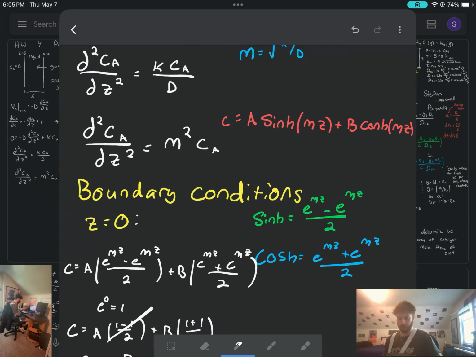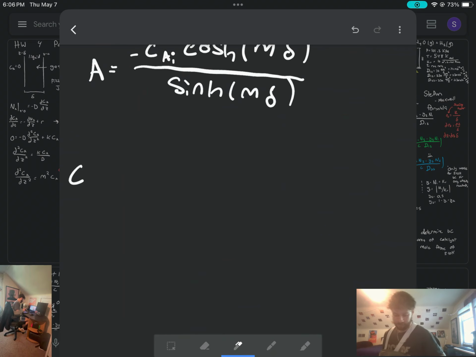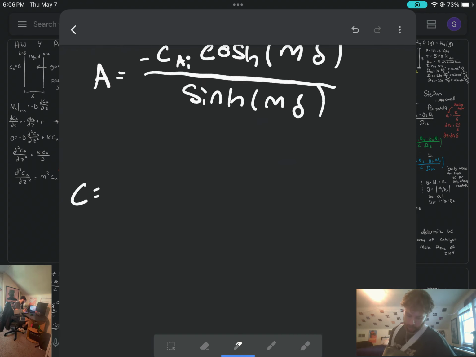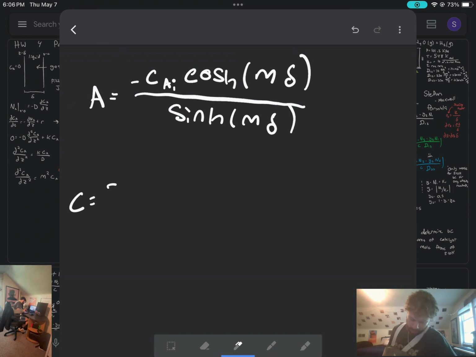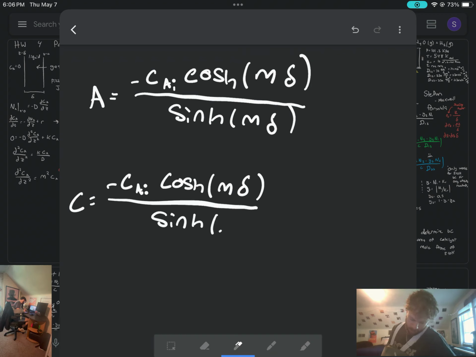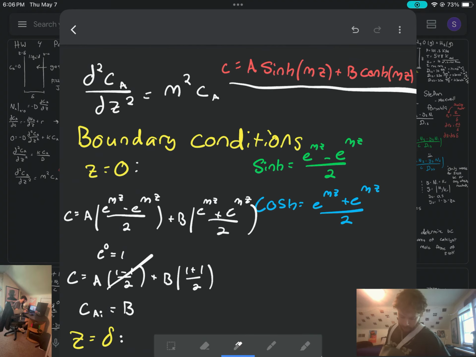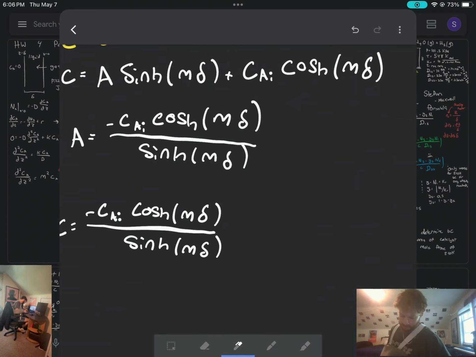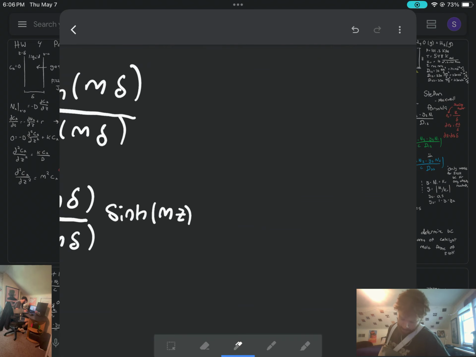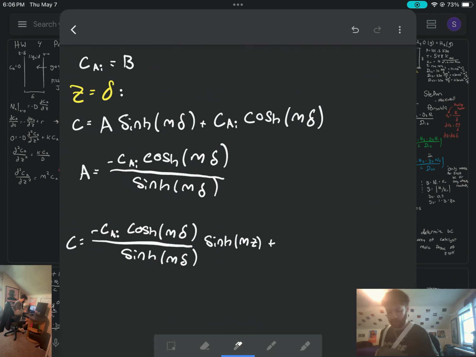Okay, so we can now use our boundary conditions to plug into our equation. Because we found our constants, using our equation for concentration, concentration is equal to A, so negative concentration at the interface times cosh m delta divided by sinh m delta, multiplied by sinh mz, and then add to that our other values.